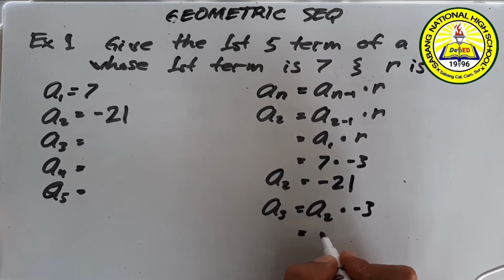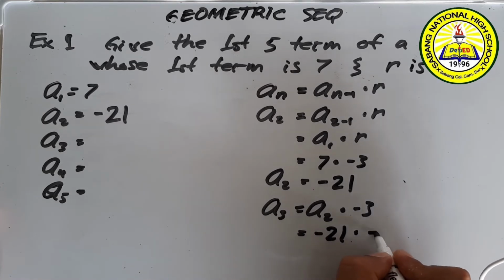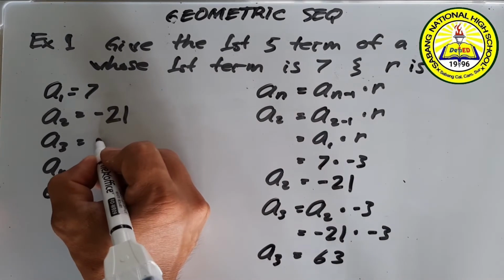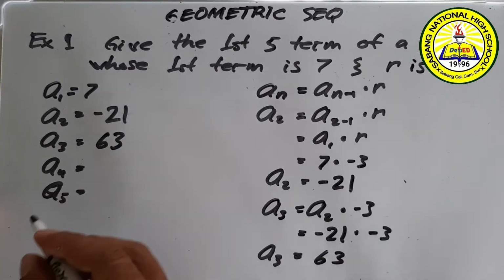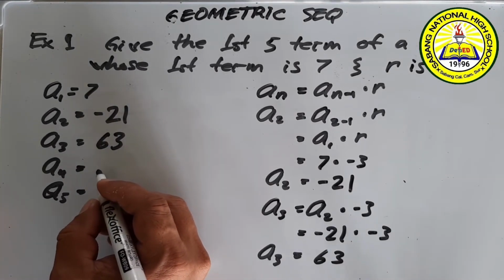The value of a sub 2, which we have just computed, is negative 21 times negative 3. Negative 21 times negative 3 is positive 63. Therefore, a sub 3 is positive 63.